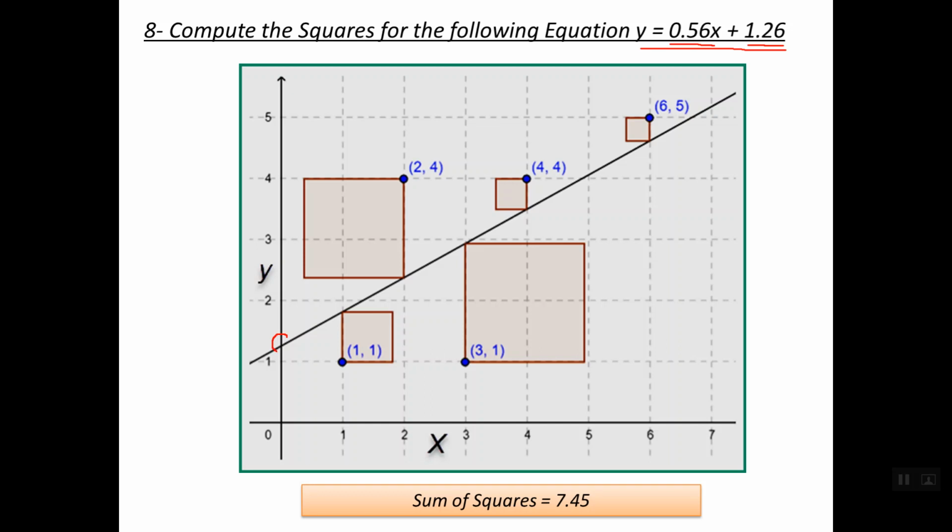And of course, we keep the observations the same. So we now need to do the same procedure we have done before in order to compute the squares of the errors.